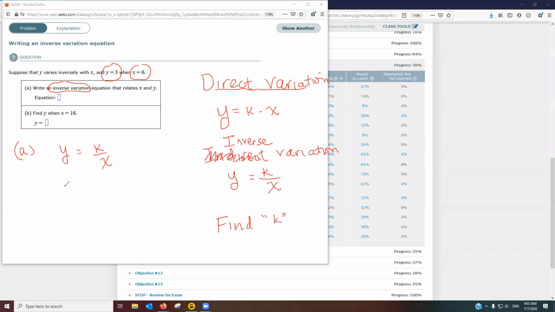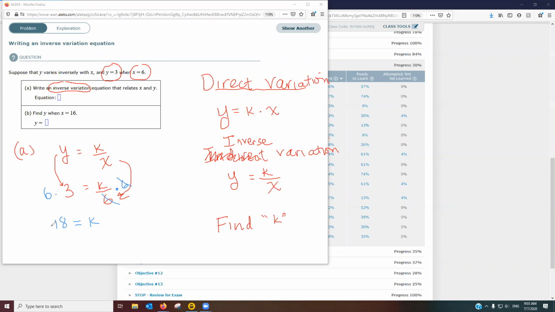So I'm going to plug those in. Y is 3 and x is 6. Now I can solve for k. I'm going to multiply both sides of this equation by 6, because that'll let me cancel out this denominator. So it looks like I'm ending up with k equals 18.